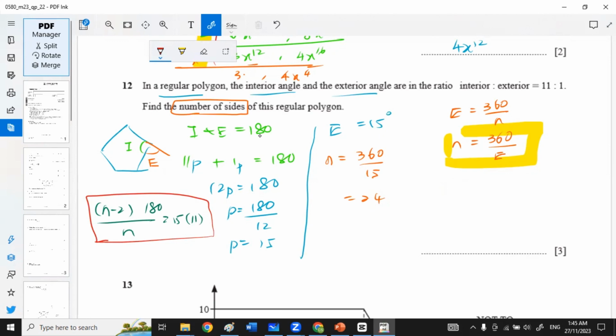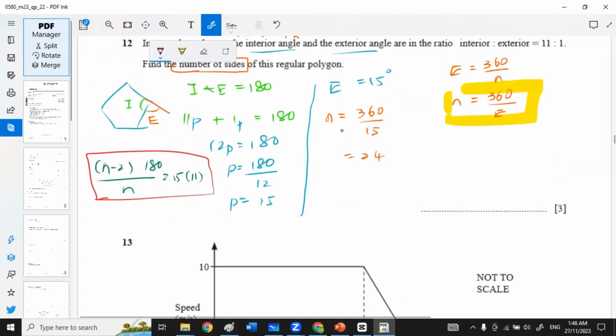So to find the number of sides, it will be faster if you use the exterior angle formula. Even if the question gives you the interior angle, you just subtract it from 180, you should get the exterior angle. So yeah, the number of sides will be 24.